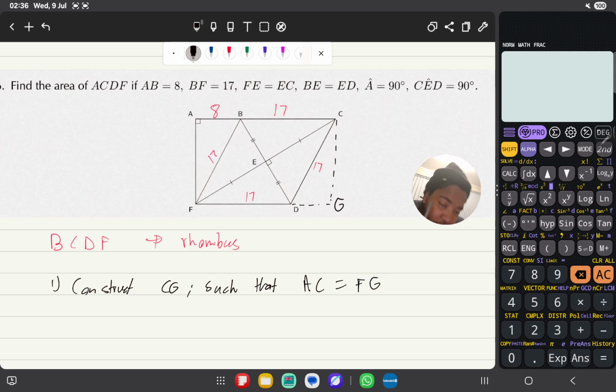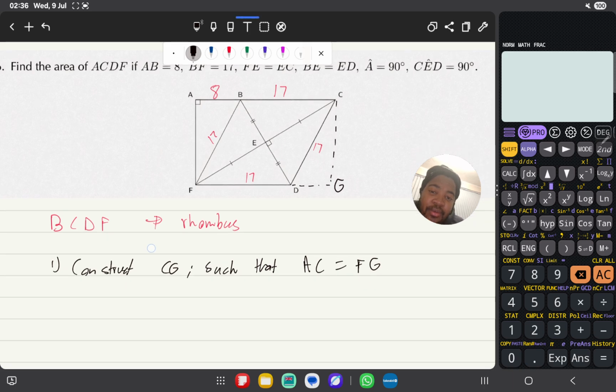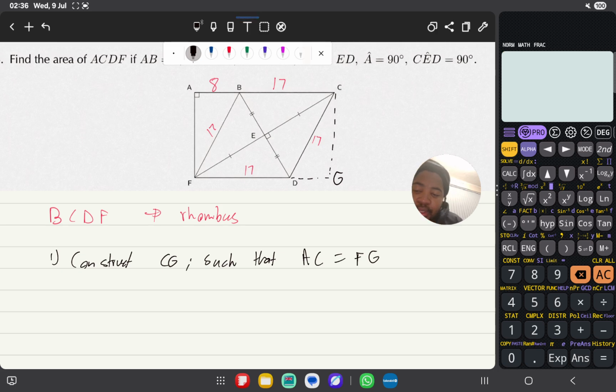This is your construction. You construct CG such that AC equals FG, and then from construction, we will say, therefore, AB must be equal to DG. You see it?